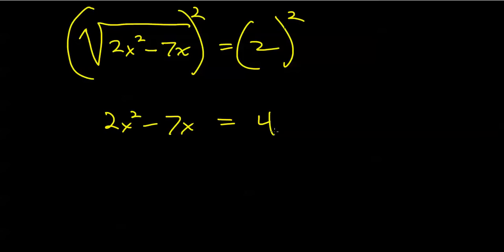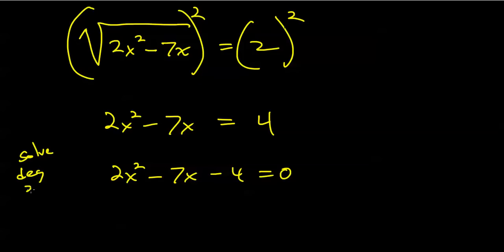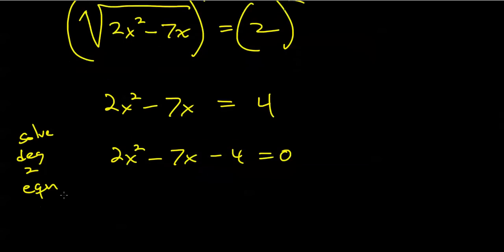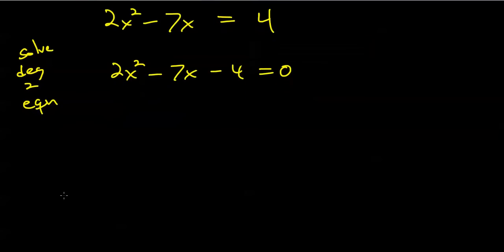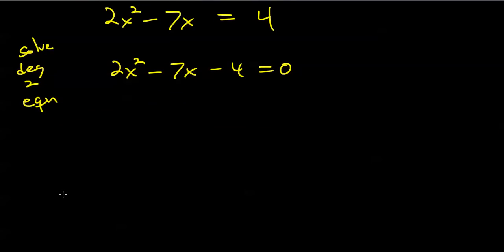Alright, so clearly we're going to get a degree 2 equation out of this once I square both sides. So I'll put it in standard form. Solve the degree 2 equation now. And we've really only got one way to solve a degree 2 equation, and that's by factoring.